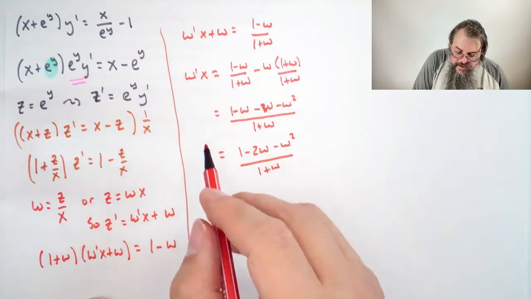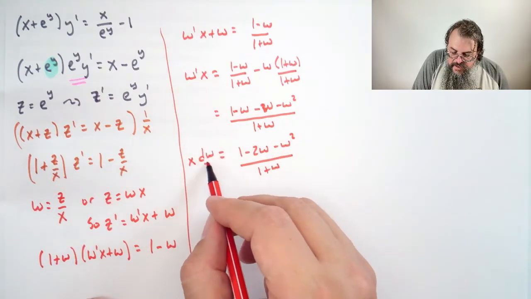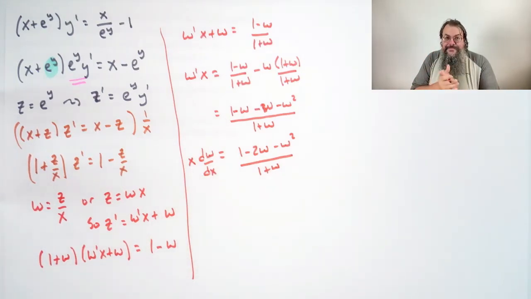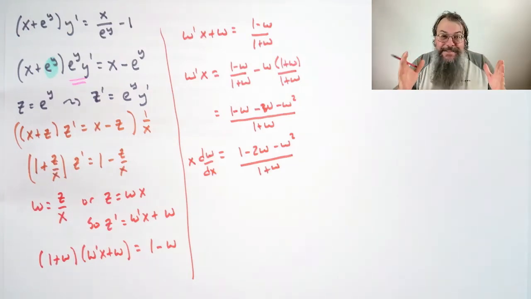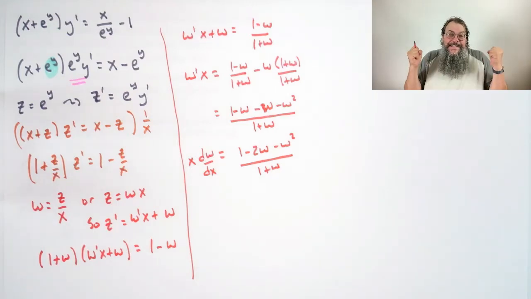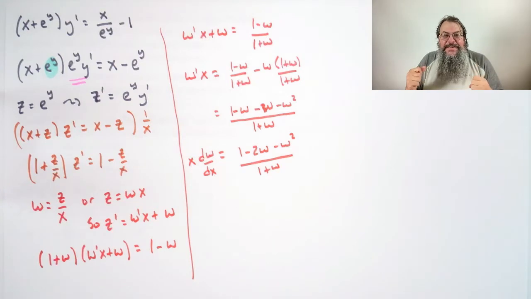Now, over here, this other side, the x, dw, dx. All right. Now, I know you're nervous. I know I'm nervous. Let's be nervous together. And let's just be like, come on, we can do it. Come on, differential equation. We believe in you.